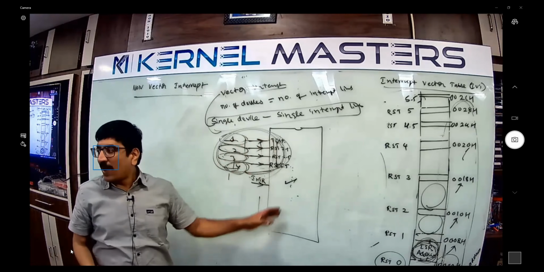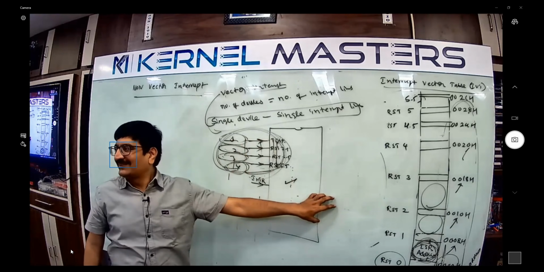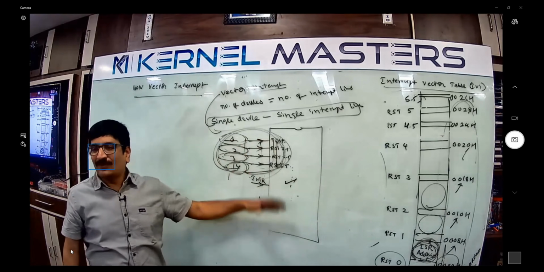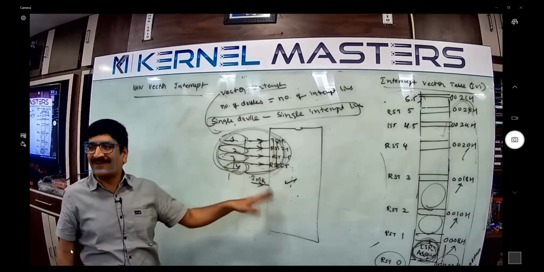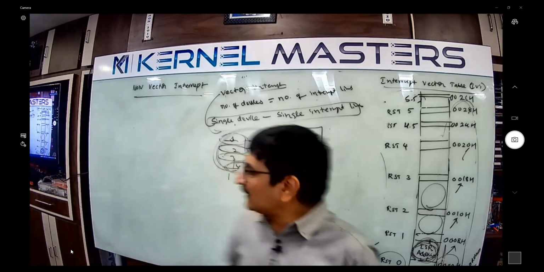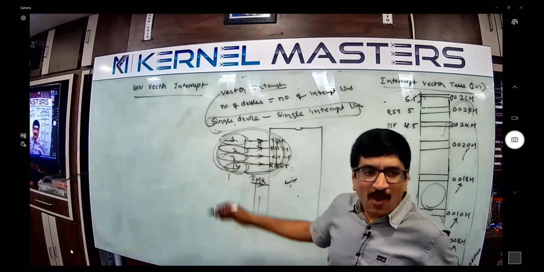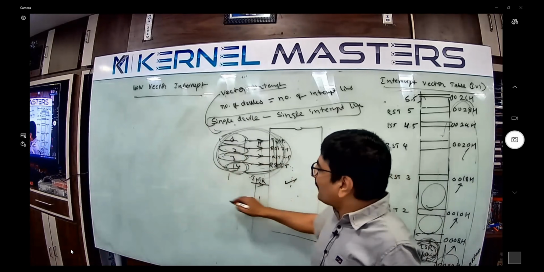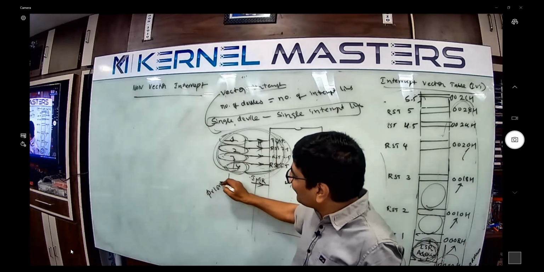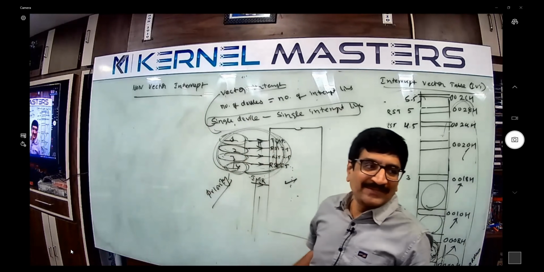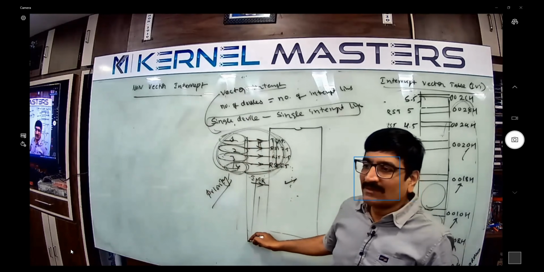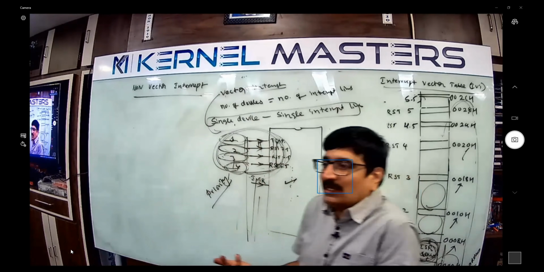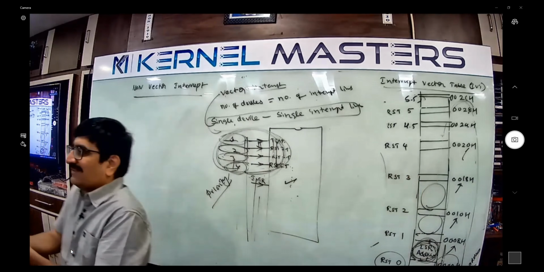But if you increase the number of pins, then apart from executing instructions, the microprocessor has the responsibility of extra information. What happens? Obviously, priority comes into the picture. For example, 30 pins are there, and suddenly 2 interrupts occur at the same moment.